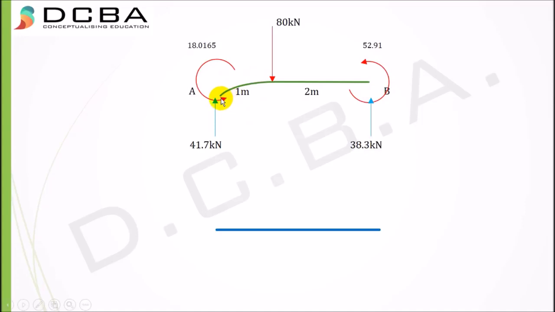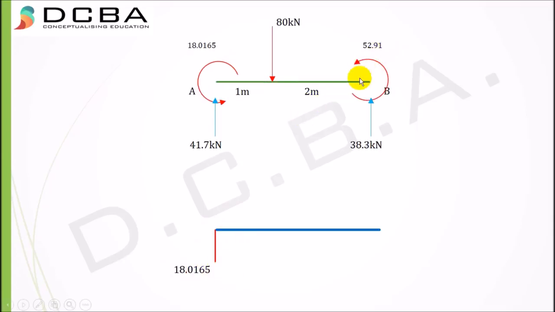This is called a hogging shape, or you can see it as a frowning face, a sad face. Then I'll have to plot this moment below this line, 18.0165.